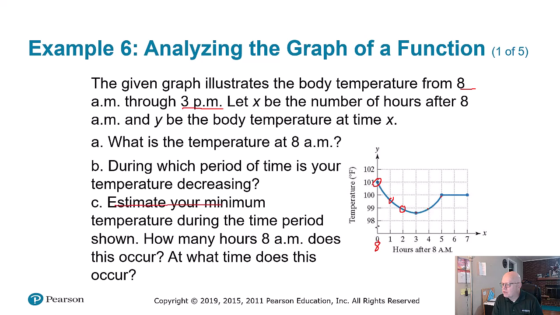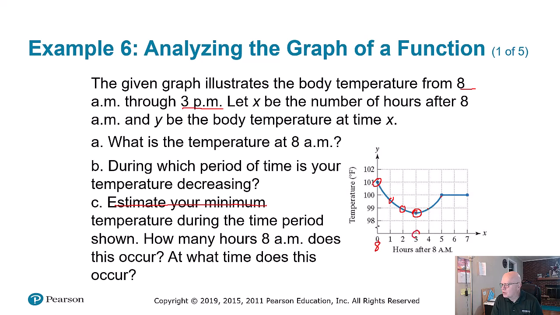Estimate your minimum temperature during that time period. Well, the minimum is where the y value is the smallest, which would be right there, about 98.6. How many hours after 8 a.m. does that occur?